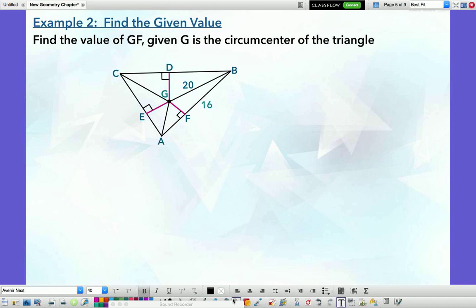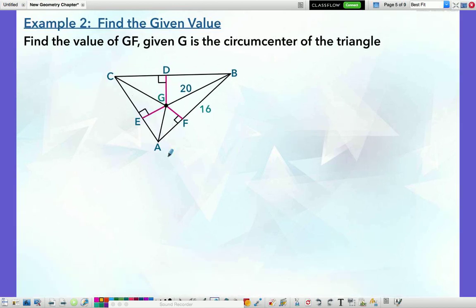What I want you to see here is, this thing is in my way. I'm having issues, obviously, as usual.